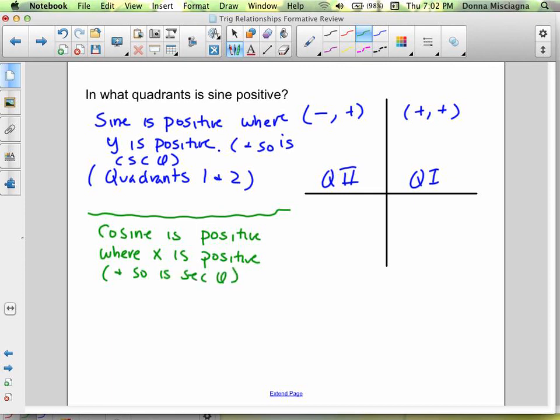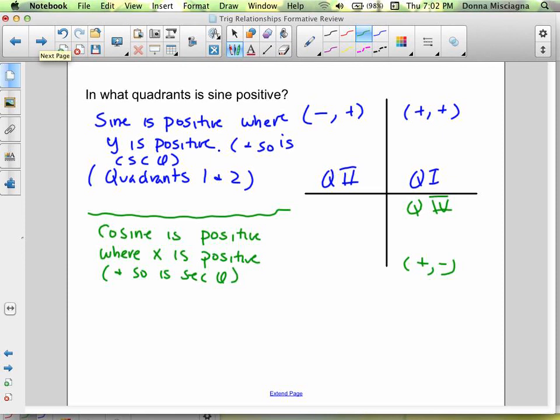Right, because they're reciprocals of one another. So x is positive in the first quadrant, where they're all positive. X is also positive in the fourth quadrant, where the y is negative. So x is positive in that quadrant. So long as x is positive, cosine is positive, and so is secant.